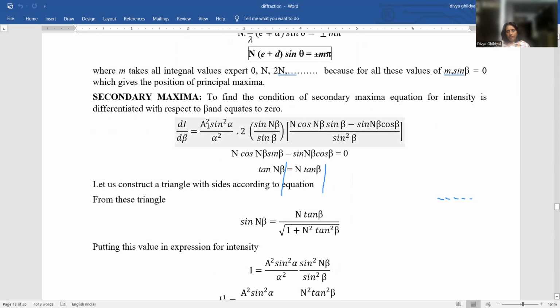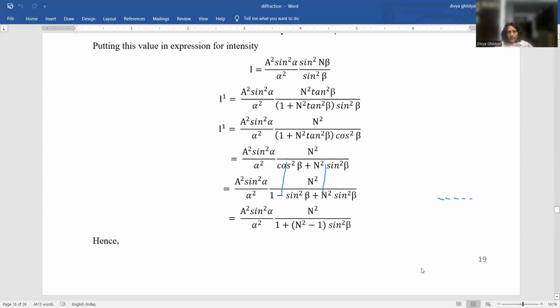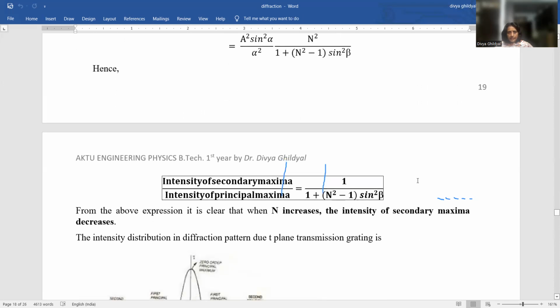For secondary maxima, we differentiate the intensity expression as we did in the double slit case, and on differentiating with the numerator denominator formula, we get the ratio of the intensity of secondary maxima to the intensity of principal maxima equal to 1 upon 1 plus (n squared minus 1) sine squared beta.